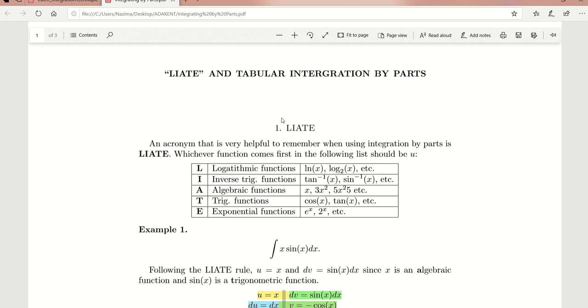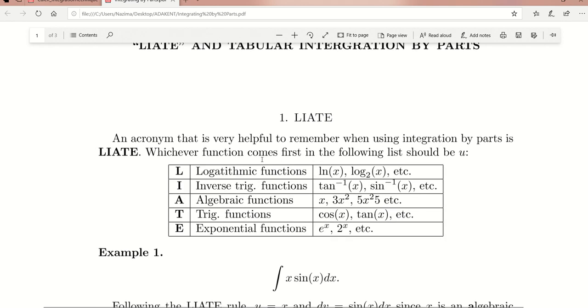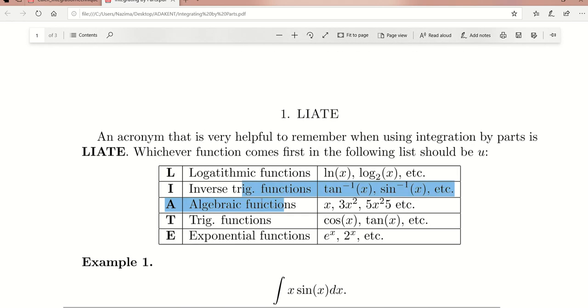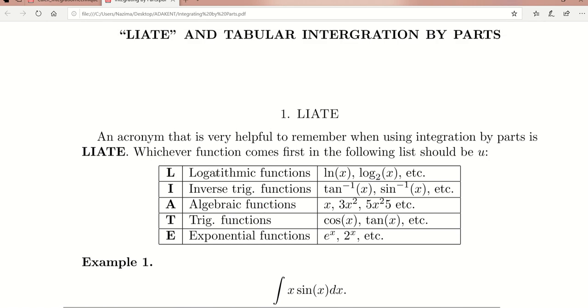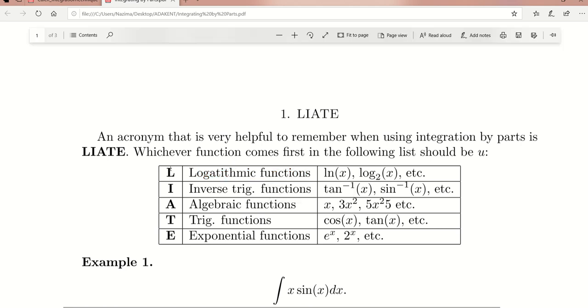Now, here, this is the LIATE method. In this method, what is important is that the order is important. So this is a method for choosing u. We choose u by L, I, A, T, E. L stands for logarithmic functions, for example ln x, logarithm 2x.